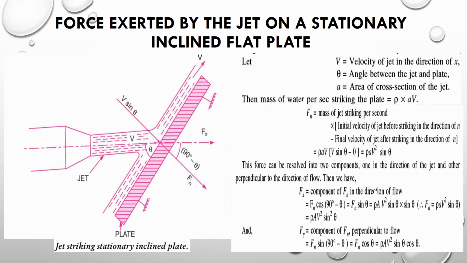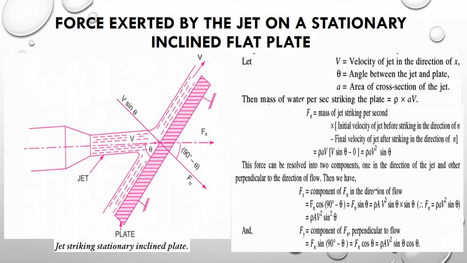Here the plate is at an angle theta with the direction of the jet. As in the earlier case, v is the velocity of the jet in the direction of x, theta is the angle between jet and plate, and a is the area of cross section of the jet.